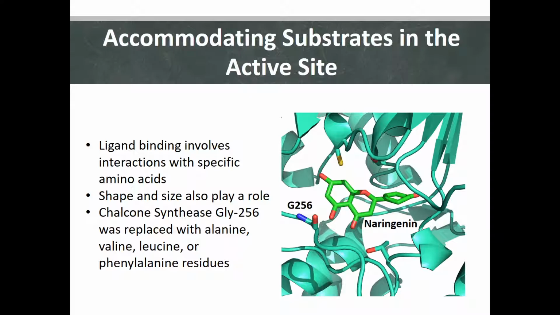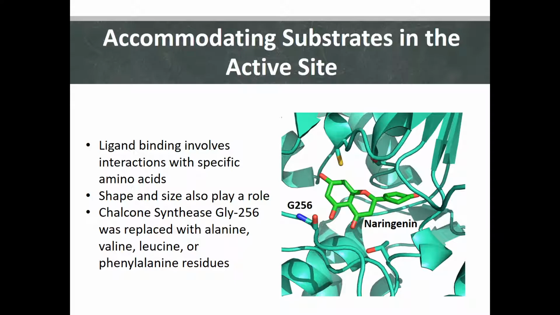So now we're going to pause for a moment and look at an enzyme as an example, to get the point across that binding of a ligand at a binding site, or an active site in the case of an enzyme, involves interaction with specific amino acids, but the shape and overall size of that active site have to be complementary to the ligand that is trying to bind.